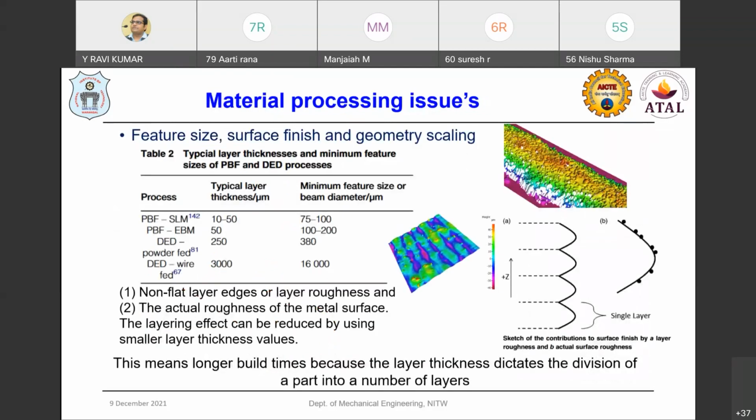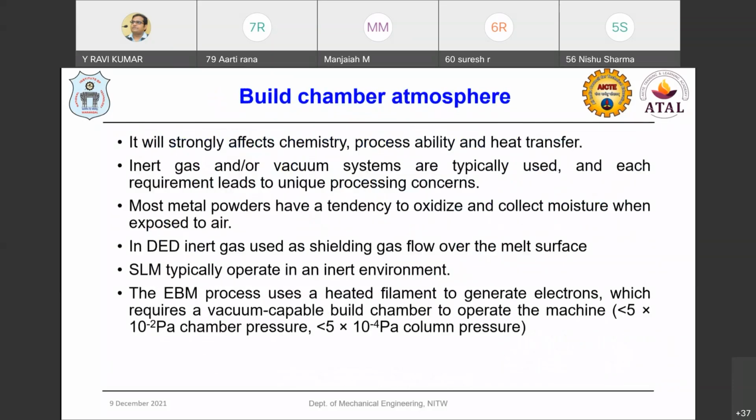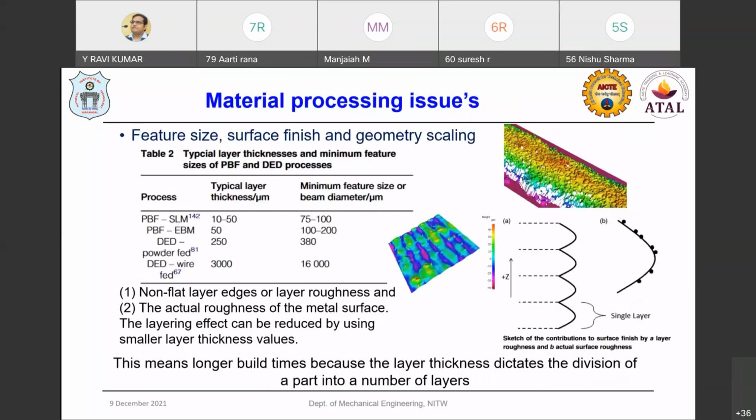And if you see the processing issues with respect to the DED systems, it may be material issues, or the build chamber atmosphere, or the feed quality, or the powder issues, or any other issues. If you see the material processing issues, when feature size, surface finish, and geometric scaling are required, the layer thickness can be 10 to 50 micron.